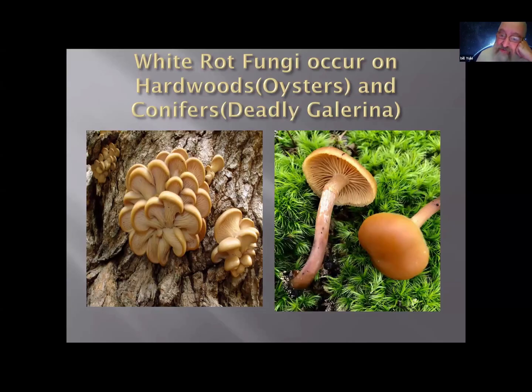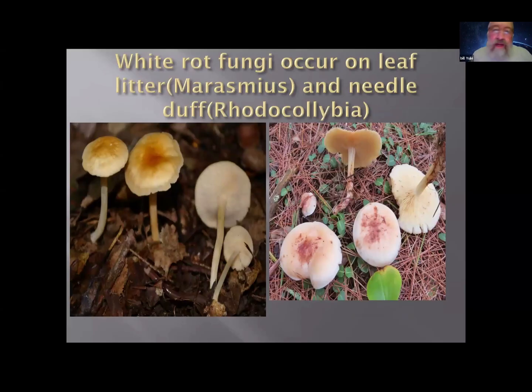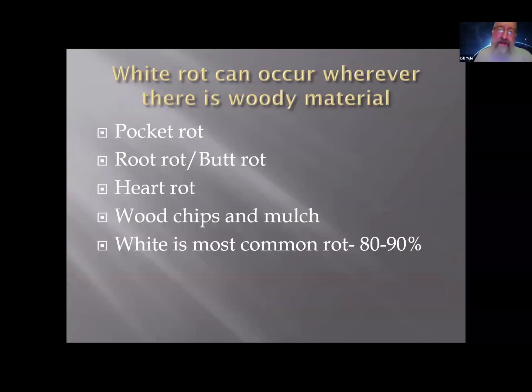On the right, funeral bells or the deadly Galerina, a white rot fungus mostly of conifers. And here's a white rot fungus of leaf litter. That's on the left, Marasmius strictipes. On the right, here's a white rot decay fungus of pine needle duff, and that's Rhodocollybia maculata. So those are just examples of the different kinds of white rot.